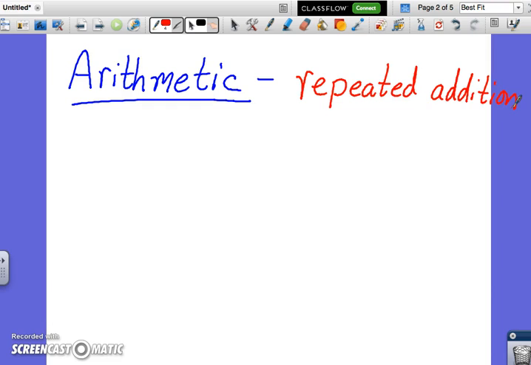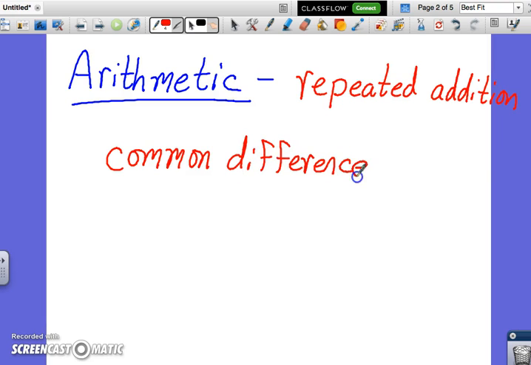In an arithmetic sequence, we know that there is a common difference. That means that if we look at the pattern, there is something constantly being added to find each term.